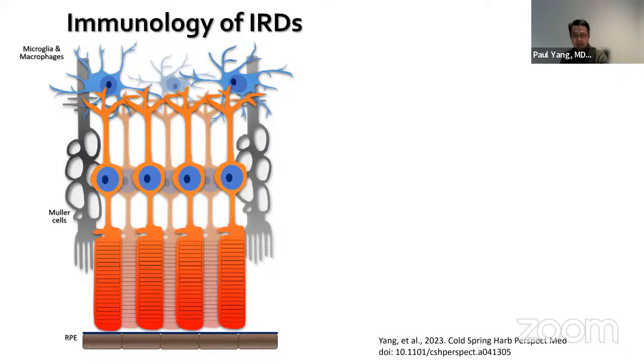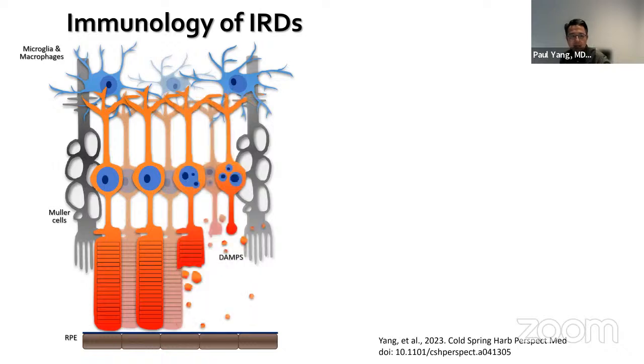So this is just a brief review of the immunology of IRDs. What we know about it comes mostly from animal studies. But here's a schematic of the photoreceptors and microglia and Mueller cells. And so during retinal degeneration, damage-associated molecular patterns, or DAMPs, are liberated.